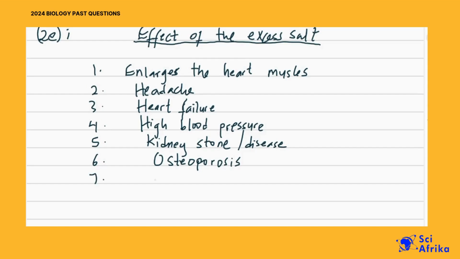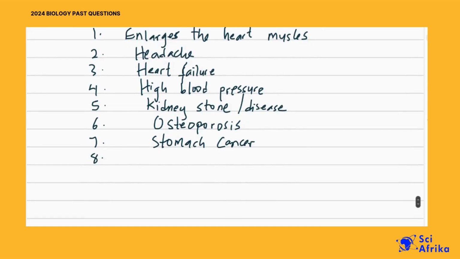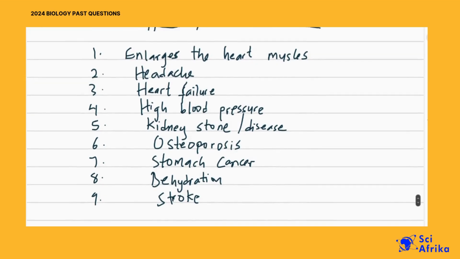That individual could also have stomach cancer. Since the person did not take in water, the person could have dehydration, and possibly could have stroke. These are the possible effects of the excess salt taken by the individual.